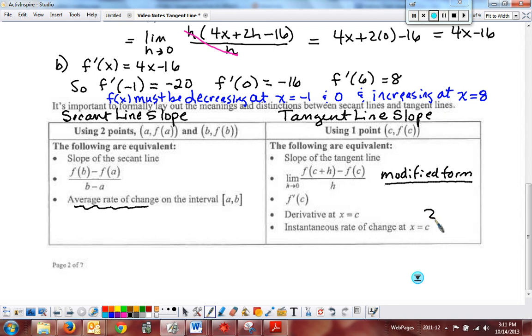Now, of course, on these two, you really should say on f of x so that we know what function we're talking about. And of course, those are different.